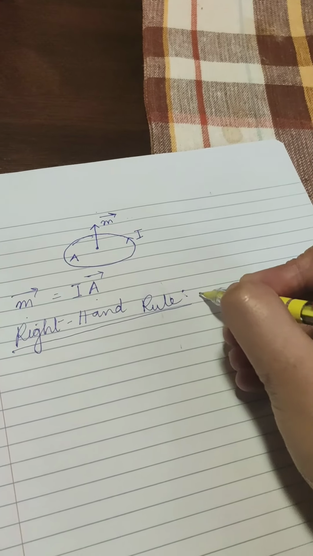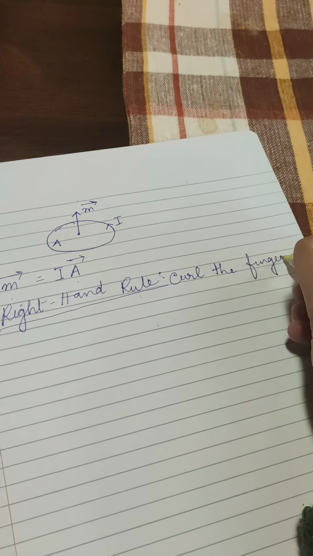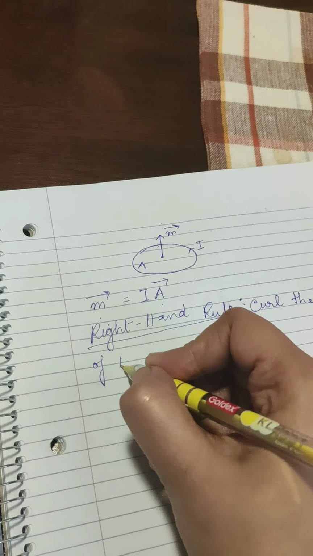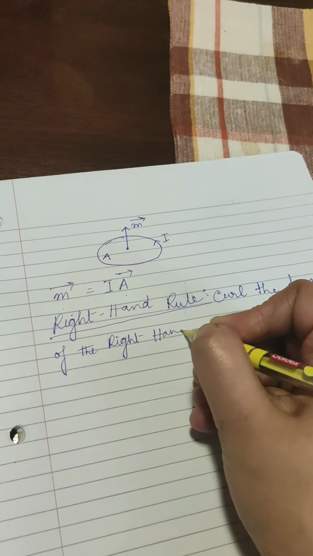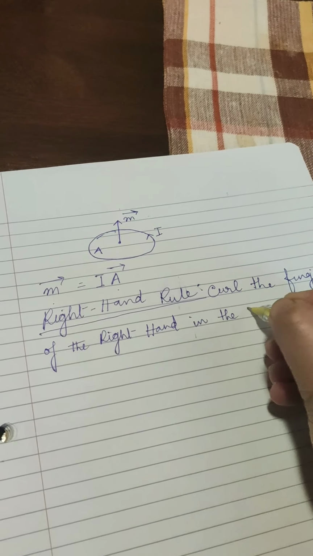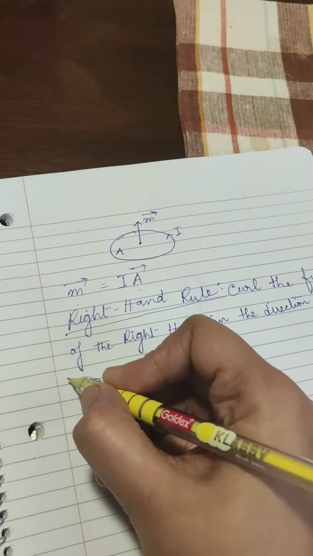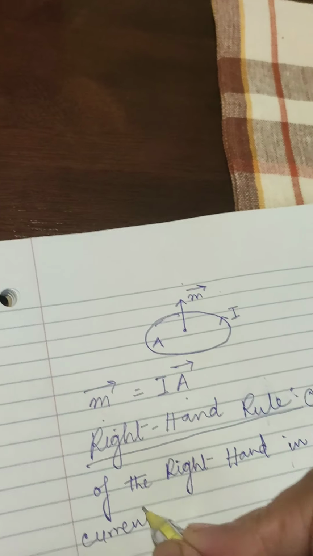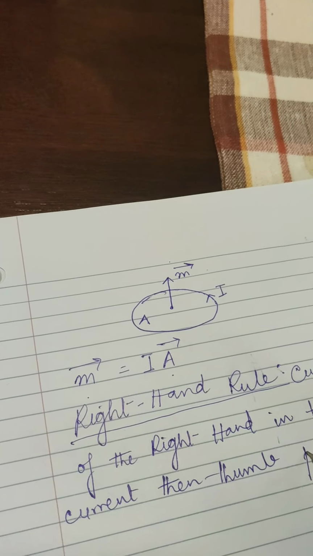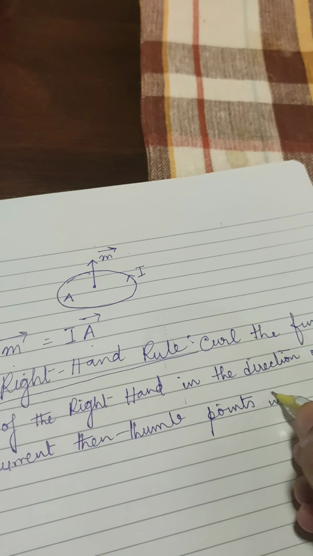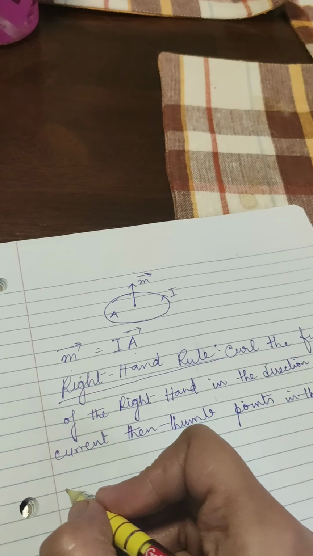You may write it down. Curl the fingers of the right hand in the direction of the current, then the thumb points in the direction of the magnetic dipole moment.